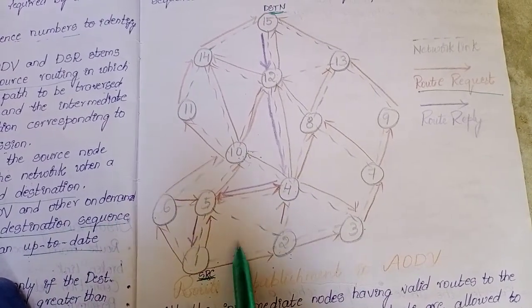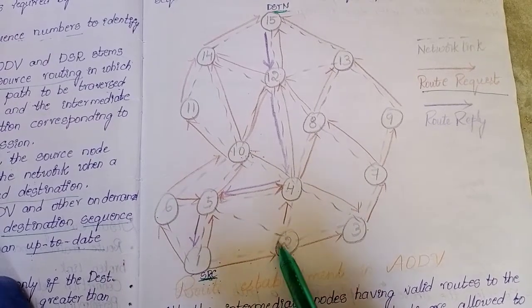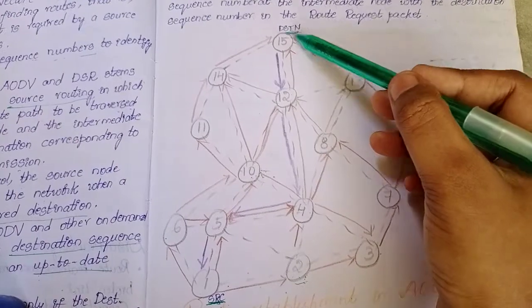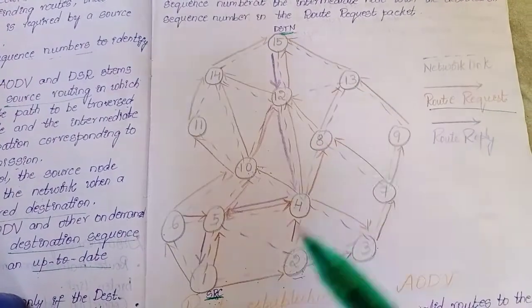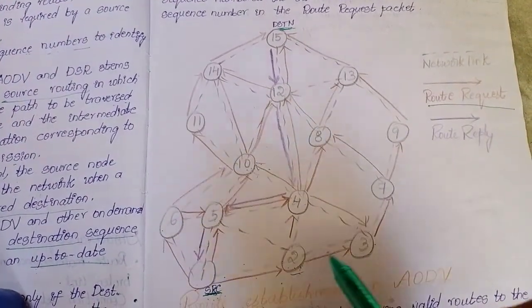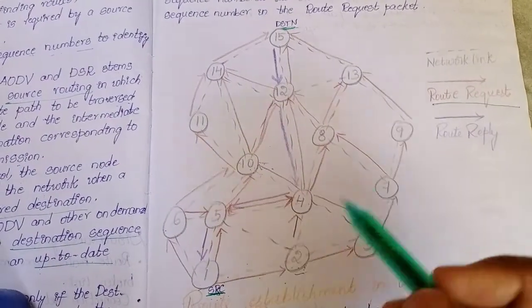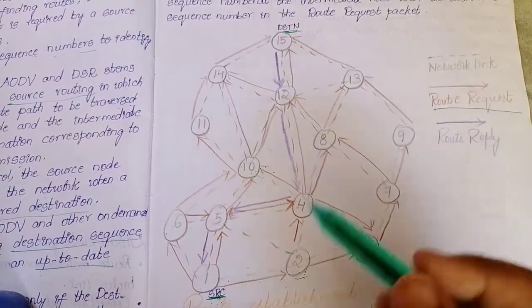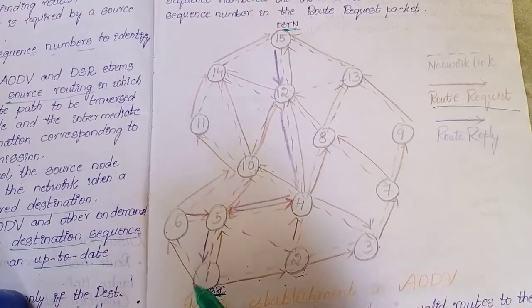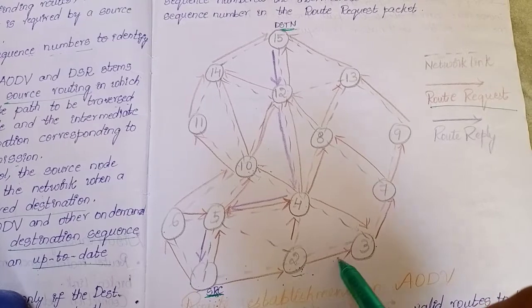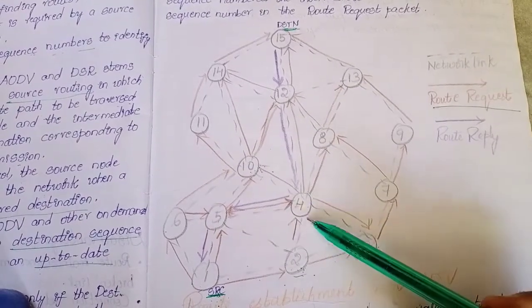In this example, when nodes 2, 5, 6 do not have a valid route to the destination directly, then these intermediate nodes will forward the route request packet to their neighbors. If a node has a valid route to the destination, it will send a route reply packet to the source node. Otherwise, it will forward the route request packet to its intermediate nodes.